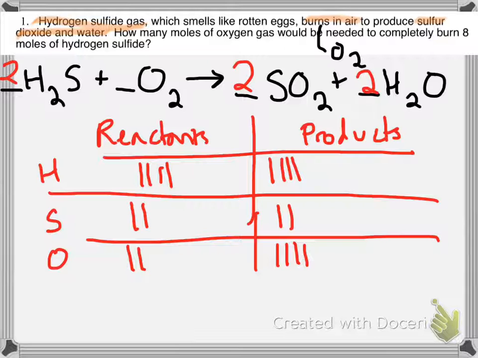Now I have my sulfurs balanced, my hydrogens balanced, but putting that 2 next to sulfur dioxide made me have 4 oxygens here plus 2 there. So that gives me 6 oxygens. So I would need a 3 here. 3 times 2 is 6. So now I'm all balanced.